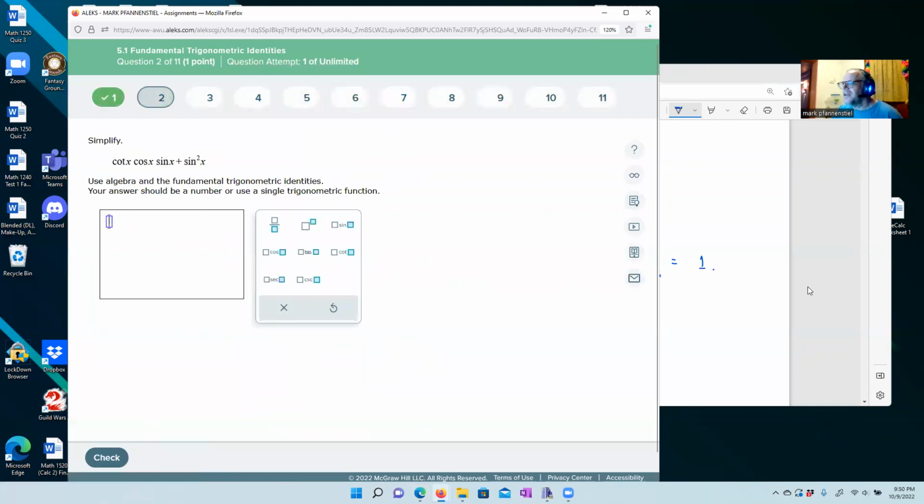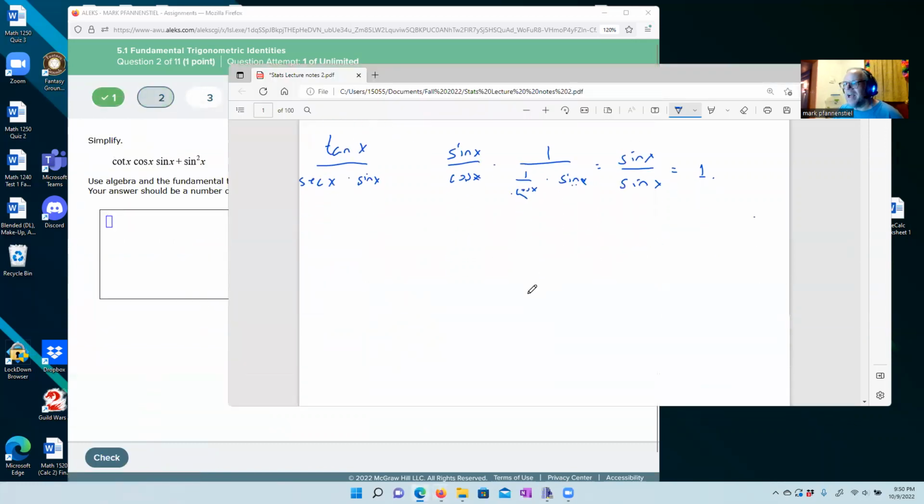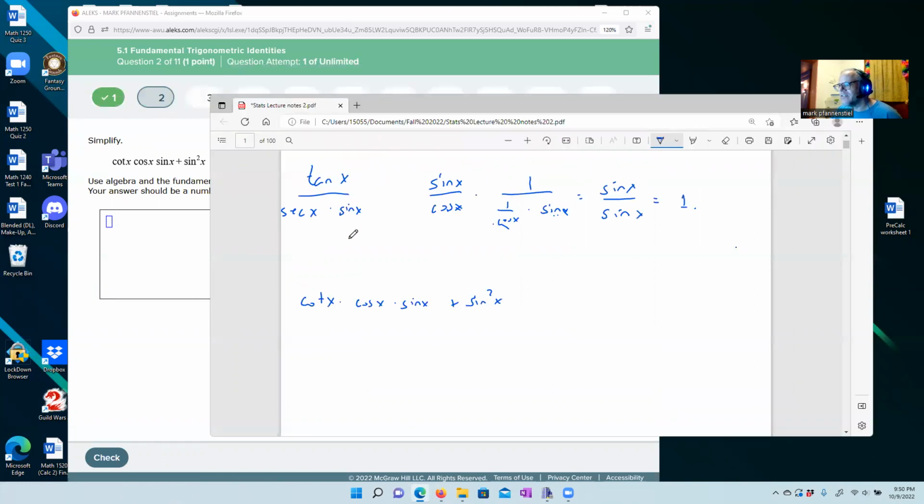Okay, so we have cotangent x times cosine x, times sine x, and then plus sine squared x. Is that all of it? It looks like it's all of it. Use algebra or trigonometric identities, and your answer should be a single trig function or a number.